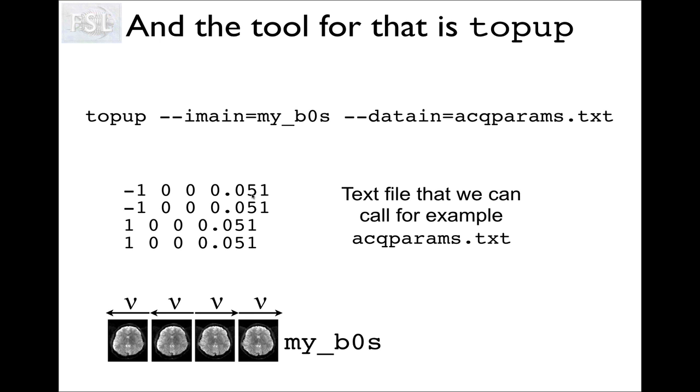But because that scaling is then wrong as we then use it in EDDY as well, in terms of correcting these distortions, it's going to be exactly the same. So you don't necessarily need to know the readout time, except for some very, very few cases where, for example, if you have data that's been acquired with different readout times in the different directions, then you need to know that, but that would be very rare.